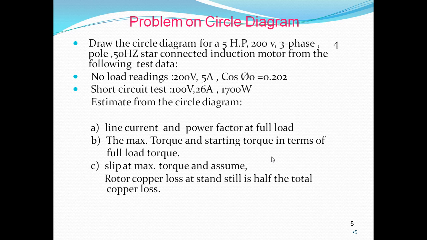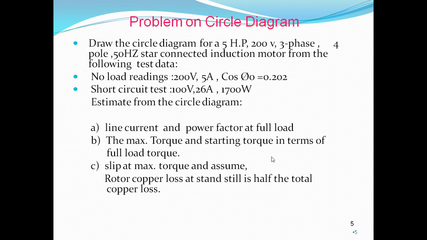That is, rotor copper losses is equal to half of the total losses, so both are 50-50%. So we have to draw the circle diagram.